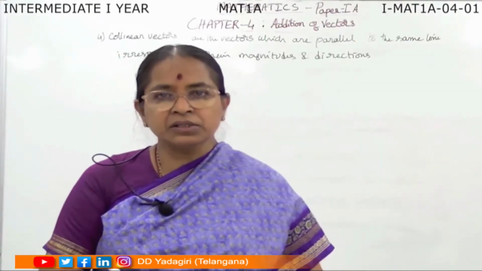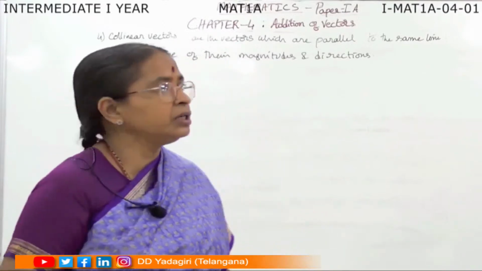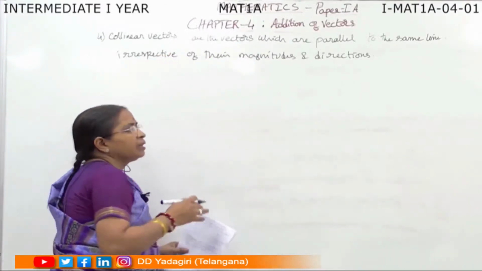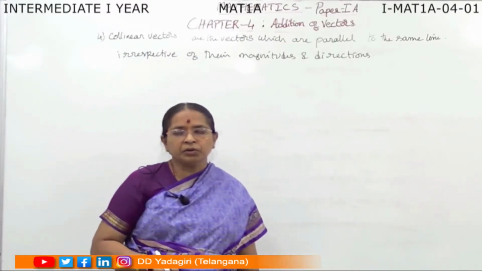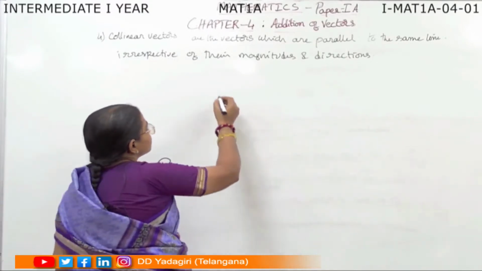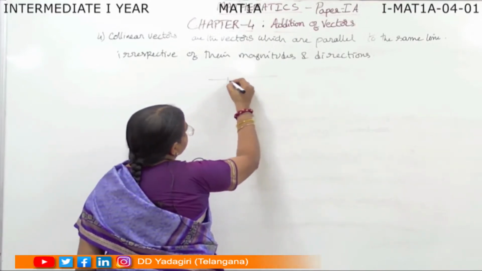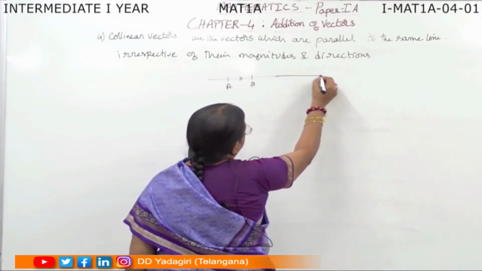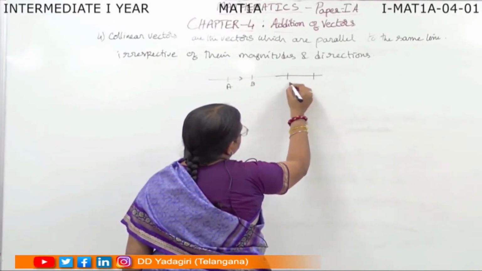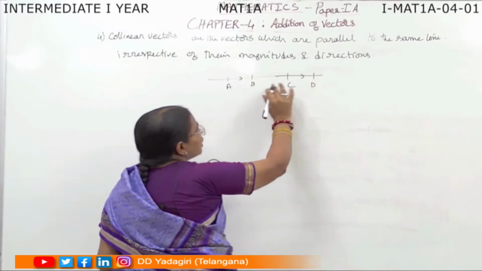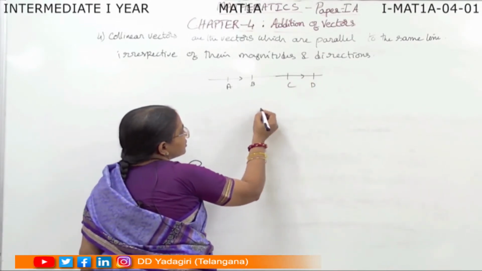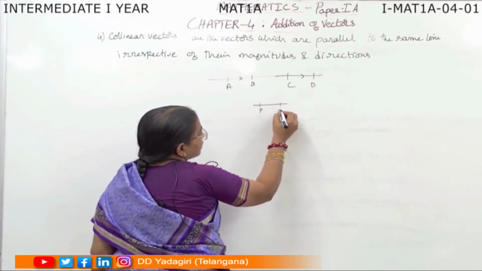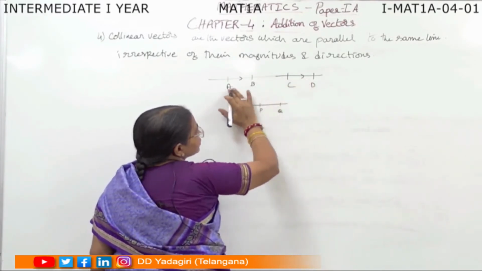That is over. Next is collinear vectors. Collinear vectors are the vectors which are parallel to the same line irrespective of their magnitudes and direction. Suppose that you have a vector like this, AB is a vector. You can have another vector CD like this. These two are collinear vectors. Now suppose I have a vector PQ like this, and the direction is the same as that of AB and CD.